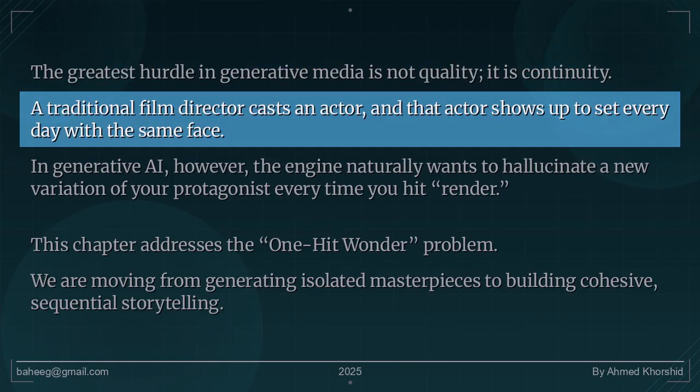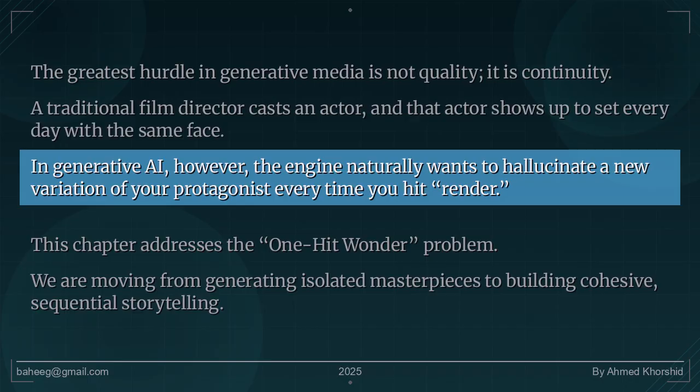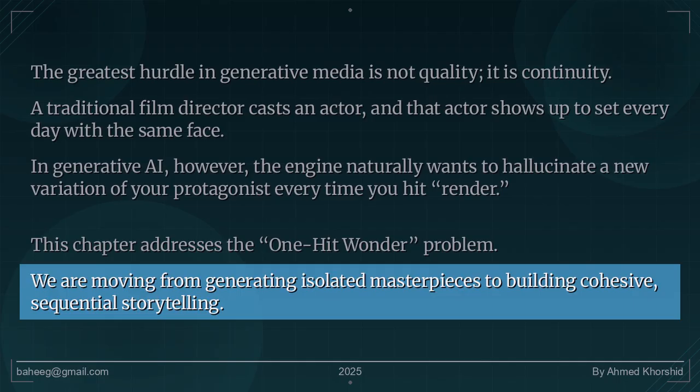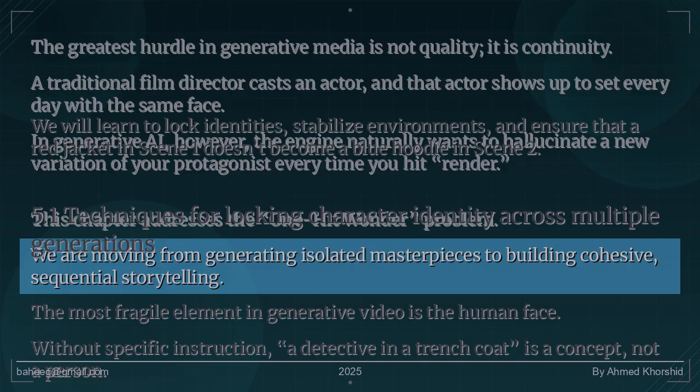A traditional film director casts an actor, and that actor shows up to set every day with the same face. In generative AI, however, the engine naturally wants to hallucinate a new variation of your protagonist every time you hit render. This chapter addresses the one-hit wonder problem. We are moving from generating isolated masterpieces to building cohesive, sequential storytelling.